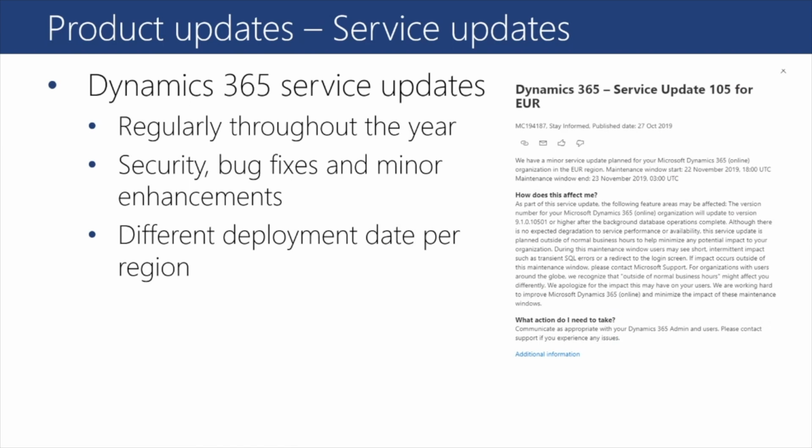It's just from 6 p.m. till 3 a.m. in that region. And during updates, we don't expect any degradation, but users may experience a brief interruption of the service. Power Apps and Power Automate updates are delivered similarly, but they have different schedules. So please check your message center for further information about those.